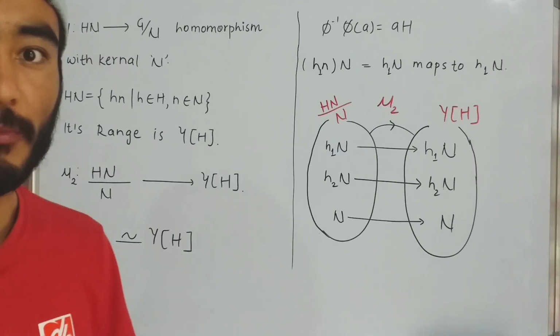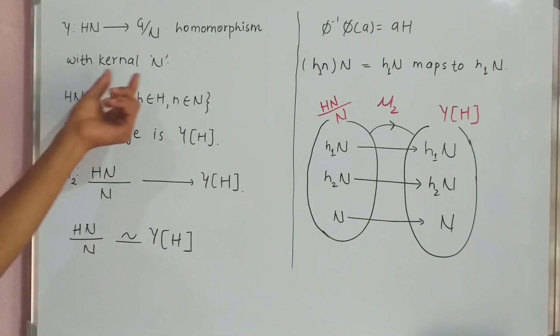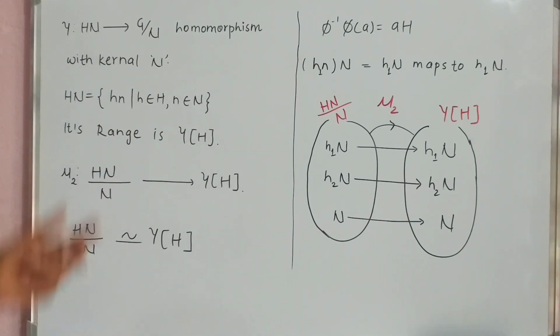Now the second part of the proof. Here we restrict gamma to the subgroup HN. So gamma from HN to G by N is also a homomorphism with kernel N, because the elements of HN that map to the set N are the elements of N itself.